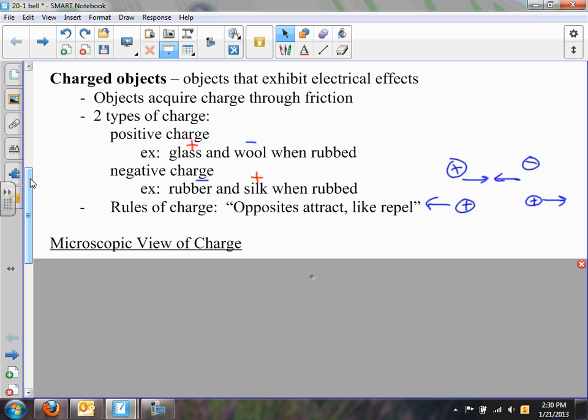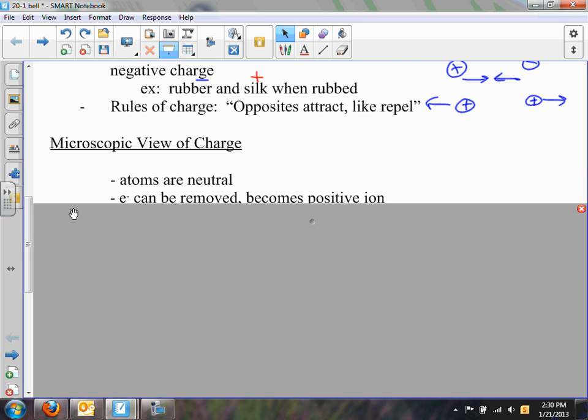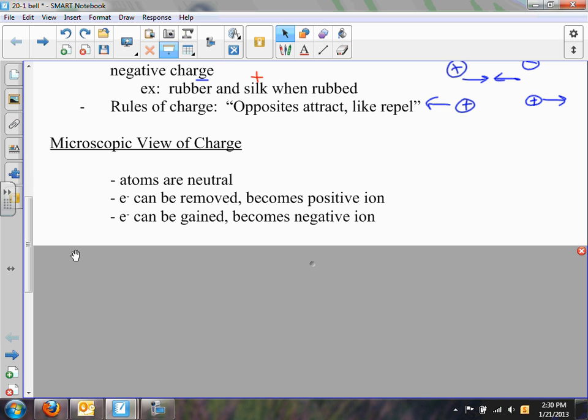The microscopic view of charge, kind of more chemistry related, we know overall atoms are neutral. And we can remove electrons to make them positively charged ions, or you can add electrons to make them negatively charged ions.